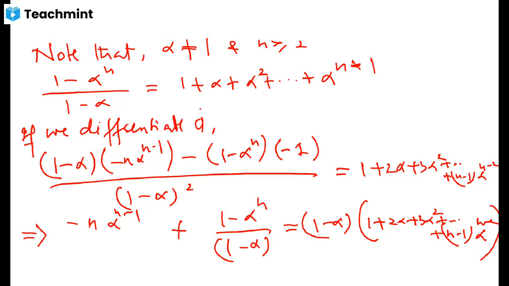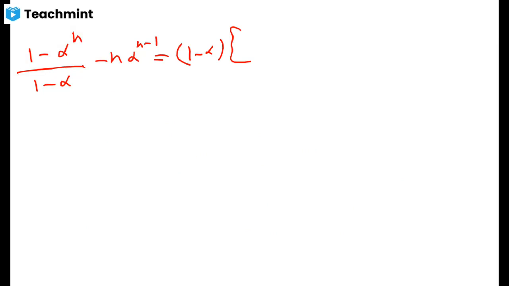So you have this equality. Now let me rewrite this equality in a good way: 1 minus alpha to power n, 1 minus alpha minus n times alpha to power n minus 1 is 1 minus alpha, and it is 1 plus 2 alpha plus 3 alpha square plus so on plus n minus 1 alpha to power n minus 2.